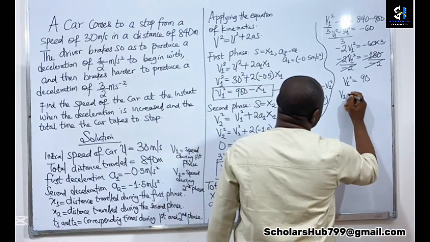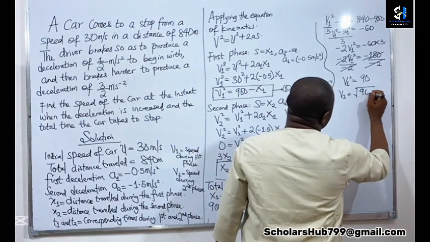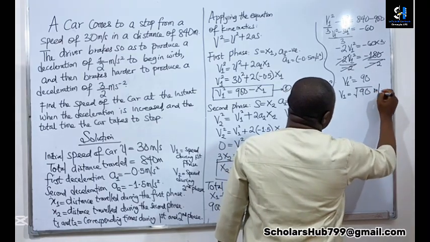So v1 will be equal to the square root of 90 meters per second.